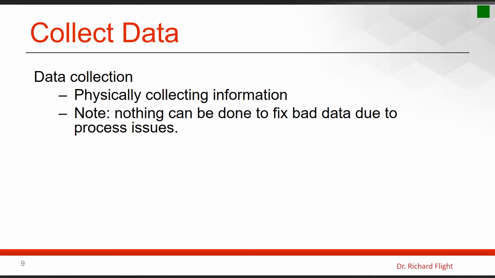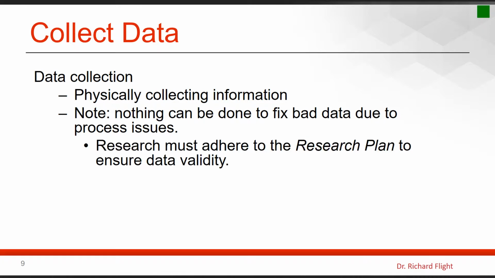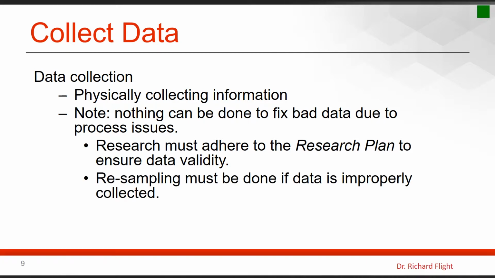Once you collect the data, there's going to be a certain amount of error associated with it, which we call sampling error, because we're using a sample and gathering data from the general population. The researcher must then adhere to the research plan to ensure the data is valid.